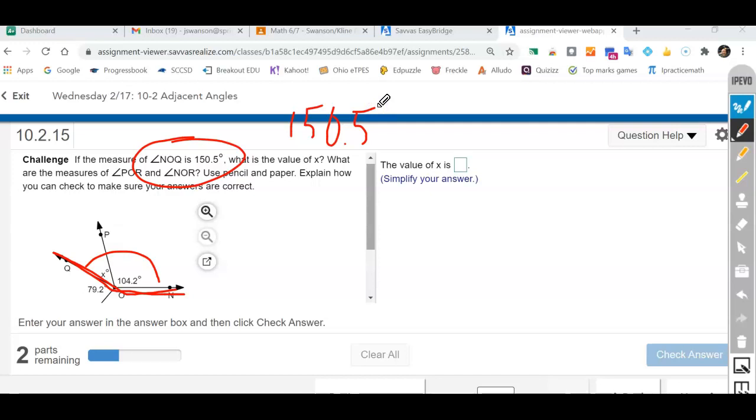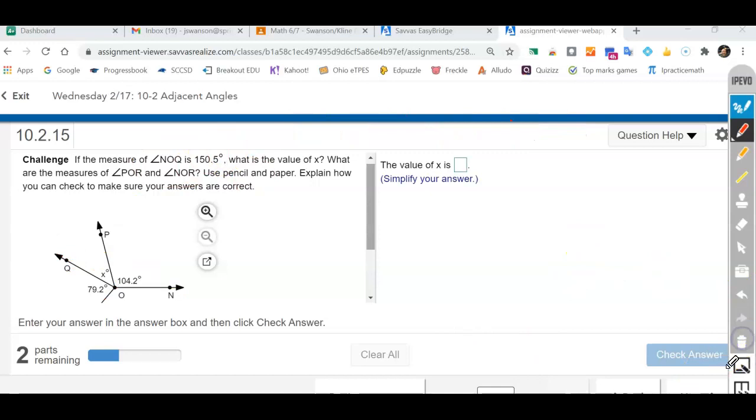They want us to figure out what is X. So what two angles make up the total 150.5? My X plus my 104.2. So what do I do with the 79.2? Nothing. It's unneeded. So you're also going to be given more information than what you need. Sometimes you got to go through and just pick out, what do you need to solve the problem? And then set up whatever you need to solve. Okay?